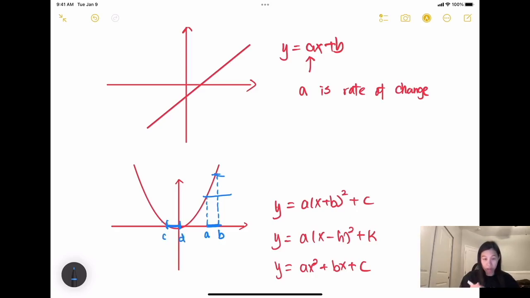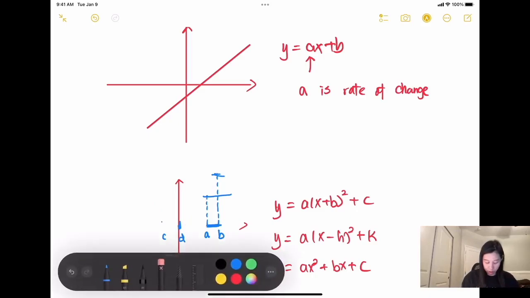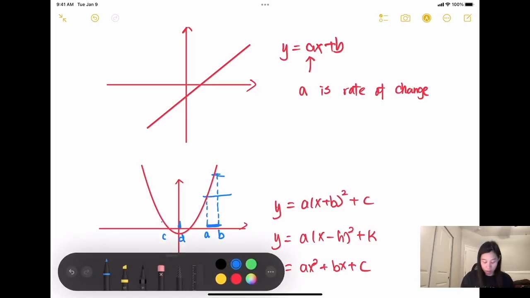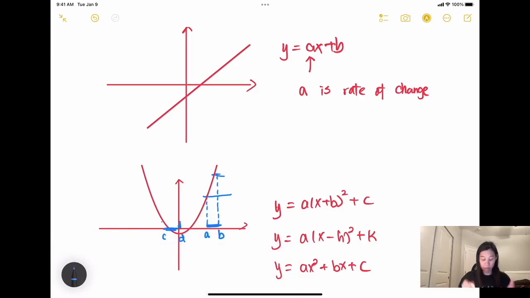And this part is more flat, it's less steep. So the slope from C to D is less than the slope from A to B. Does that make sense? So that means the rate of change in a quadratic function is going to be different at any given point.